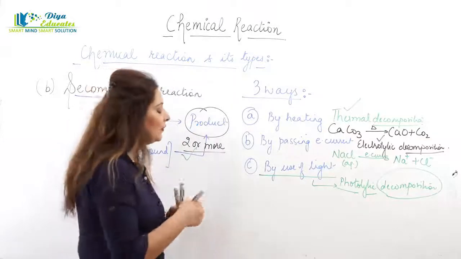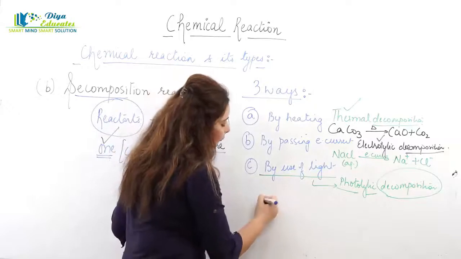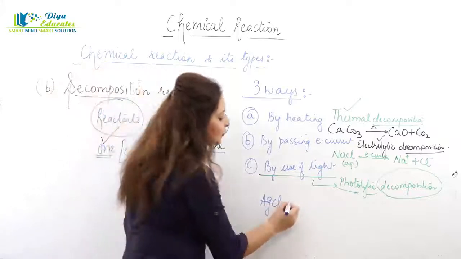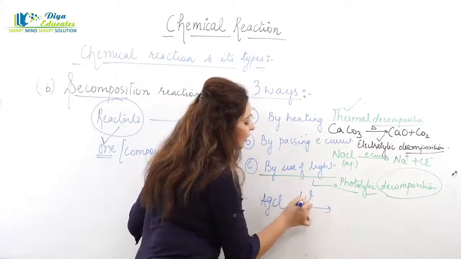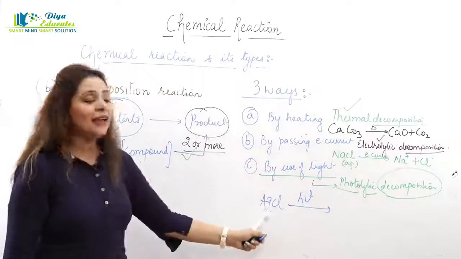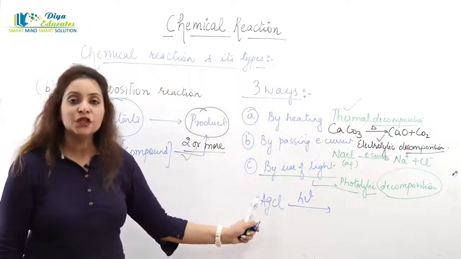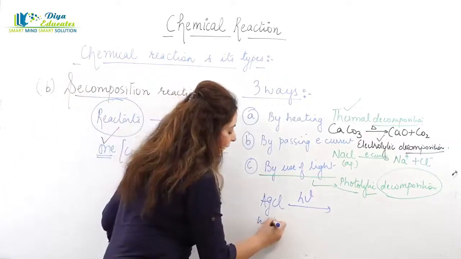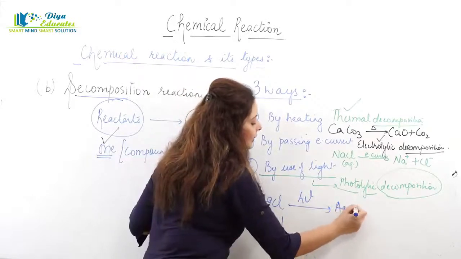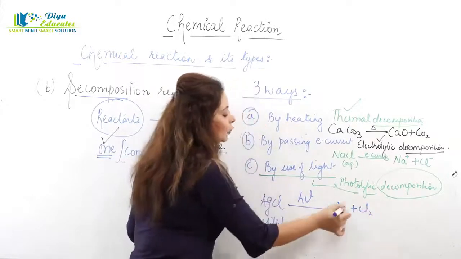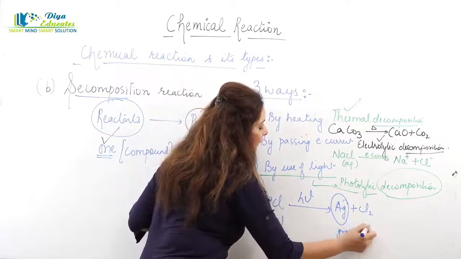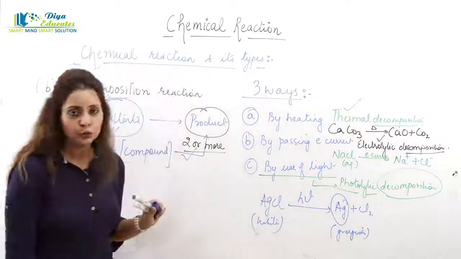For example, let's say I have a white colored substance, AgCl, silver chloride. When I expose it to sunlight, indicated by h nu or simply written on the arrow, it turns grey. Because in presence of light it gets decomposed to form silver and chlorine, and this silver is grayish in color. That means it changes from white to grey.